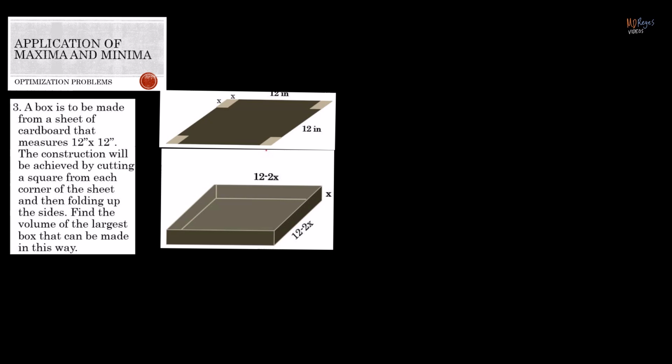But first, before folding up the sides of the sheet of cardboard, we have to cut a square from each corner. Okay, so we cut a square from each corner. Right, look at that. And from there, I defined a variable x already without using words. By using this figure, it's clear that this is a square because each side measures x.